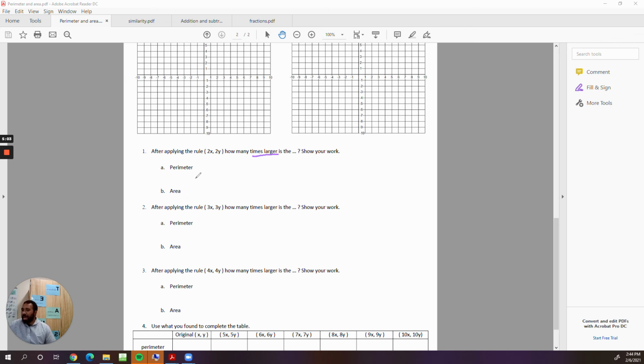The way you can figure that out is you take the original area and you're going to take the new area and divide them. That's how you'll figure out how many times larger it is. So you would take the new area and divide it by the original area. And that would end up showing you how many times larger the shape is.